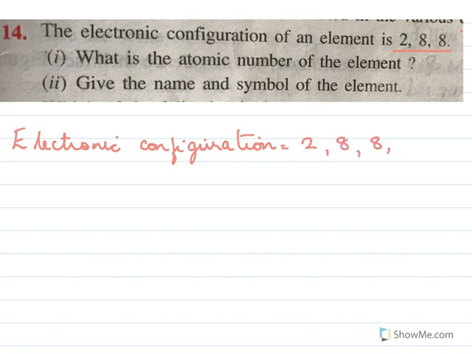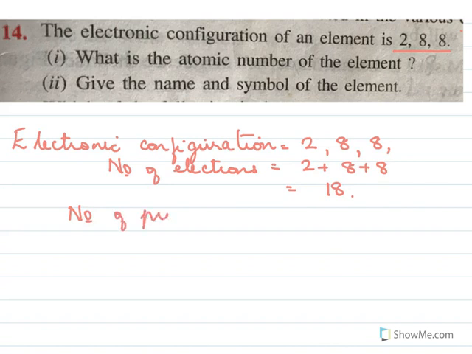So number of electrons will be 2 plus 8 plus 8, and that is 18 electrons. So if the electrons are 18, the protons also will be 18. And number of protons is atomic number.